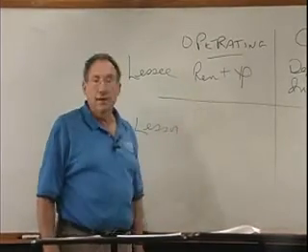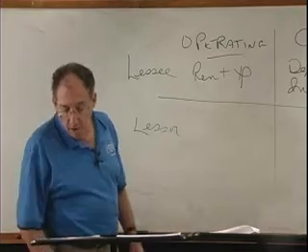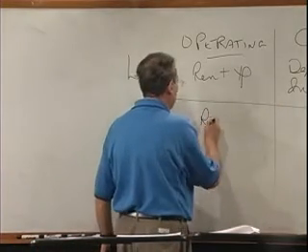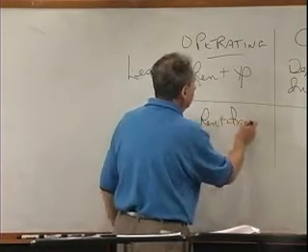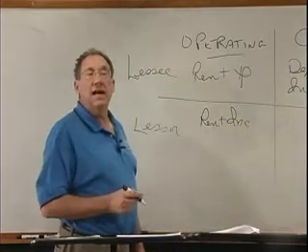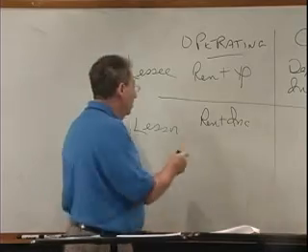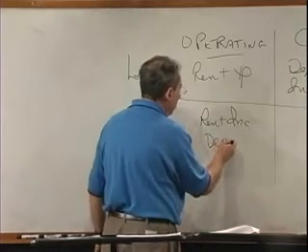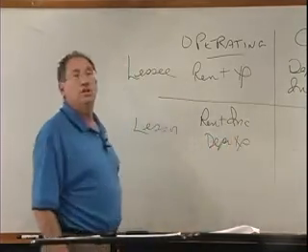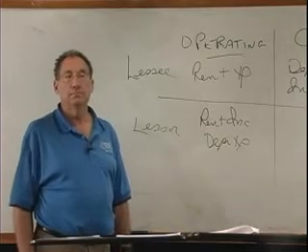Lessor, operating lease would have rent income, and because the leased asset is on its books, assuming it's a depreciable asset, would have depreciation expense.